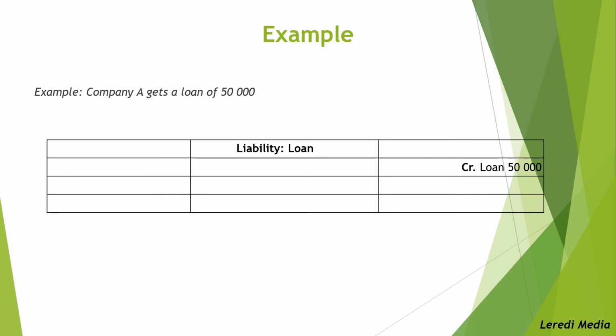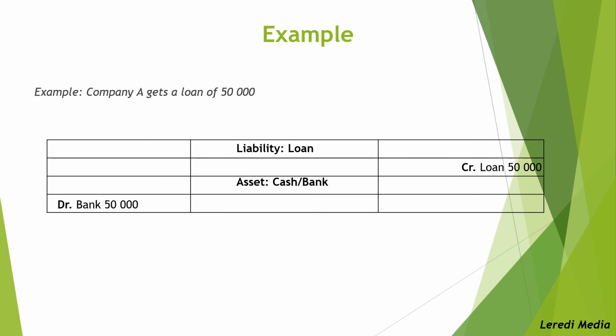As a result, the money that you have in the bank is an asset. Therefore, we're going to say the asset, which is the cash in the bank, will increase. As a result, it will increase on the debit side.